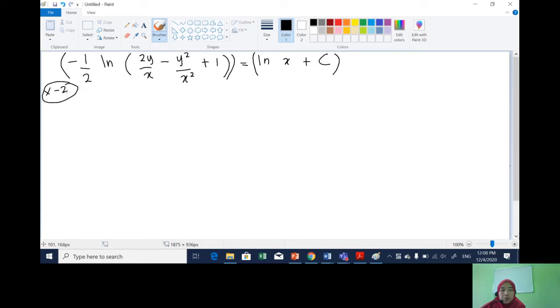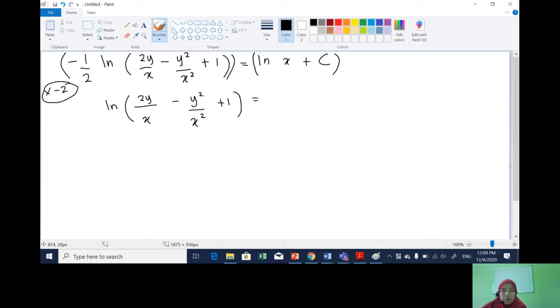So we have ln of 2y, and when we multiply here by negative 2, this will become 1, minus x squared.